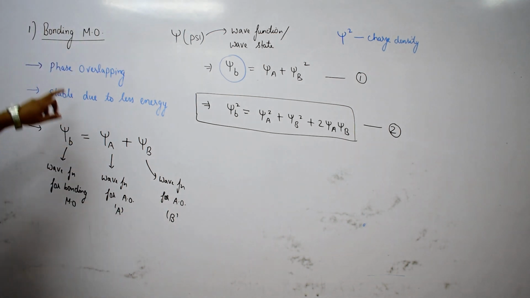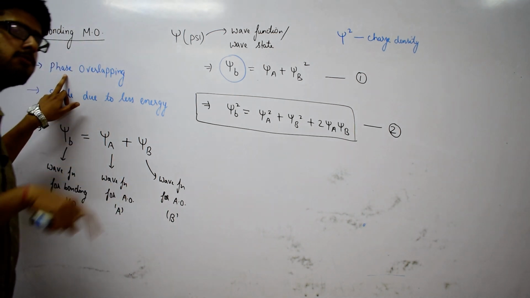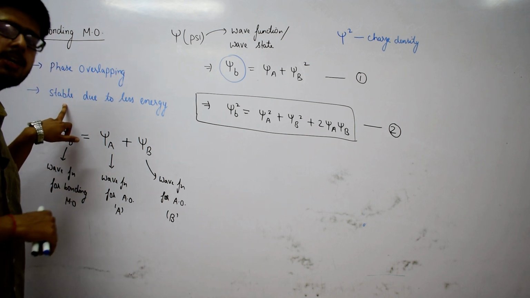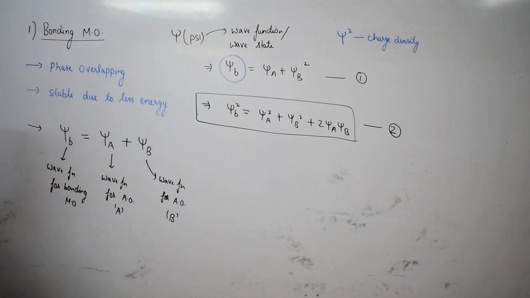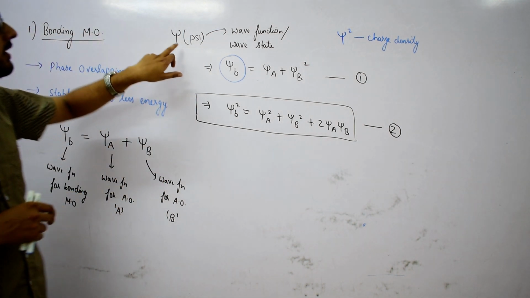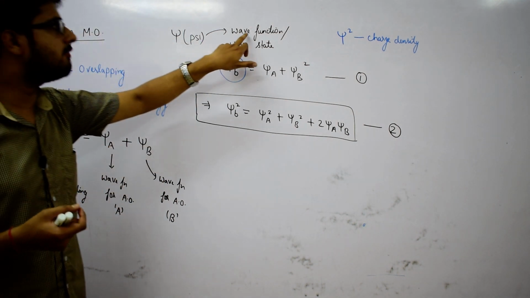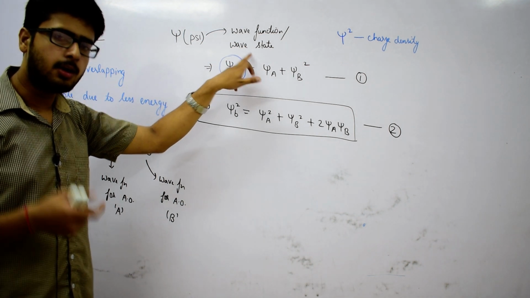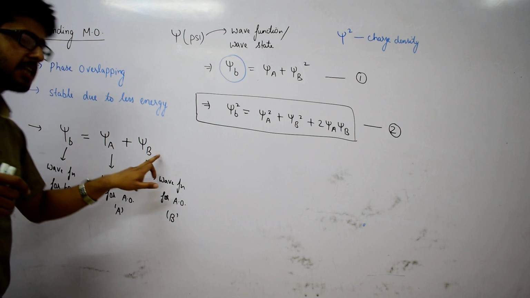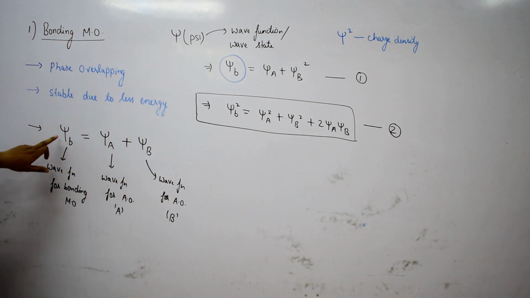In case of bonding molecular orbital, it is formed by in-phase overlapping. It is stable due to less energy content. And the third point is, we are representing the motion of the electron by a tool which is called wave function, wherein we say psi b is equal to psi a plus psi b, where this psi small b represents the wave function for the bonding molecular orbital.